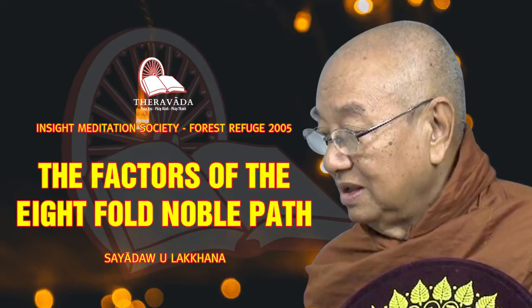The sila sikha, the training in purity of conduct, samadhi sikha, training in concentration, panya sikha, training in wisdom. So this wisdom training is the fruit, is the final goal of our practice. So it's because the Buddha wanted to point out this goal that he spoke of this wisdom group first.